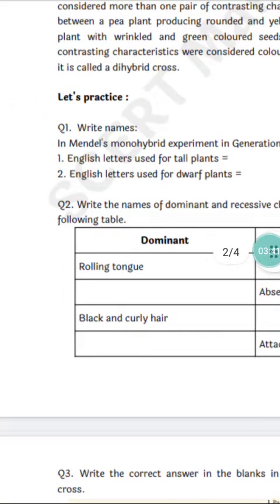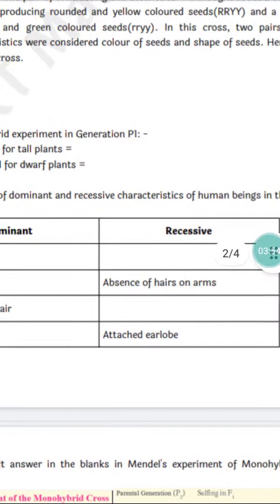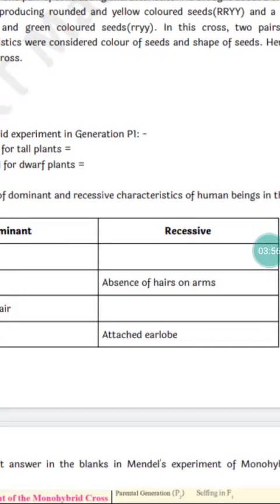The third one is black and curly hair. Black and curly hair is a dominant character. Curly hair, that is a dominant character. And the recessive character is brown and straight hair. Brown and straight hair. You have to write here in the blank space.